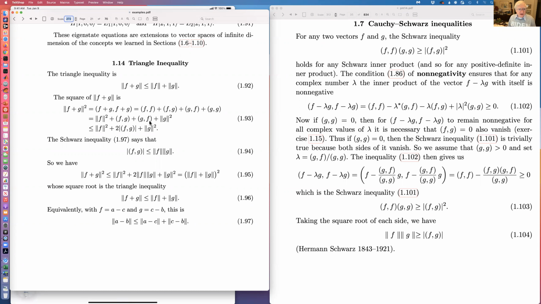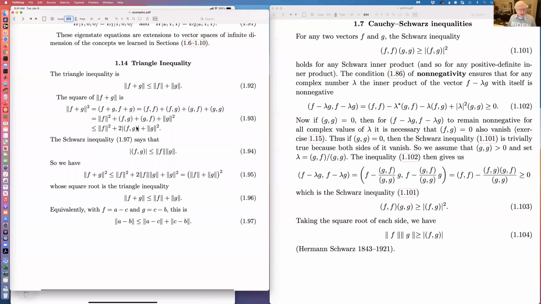And these two things, first of all, the sum of this plus this is a real number. Secondly, each of these is less than or equal to its absolute value.